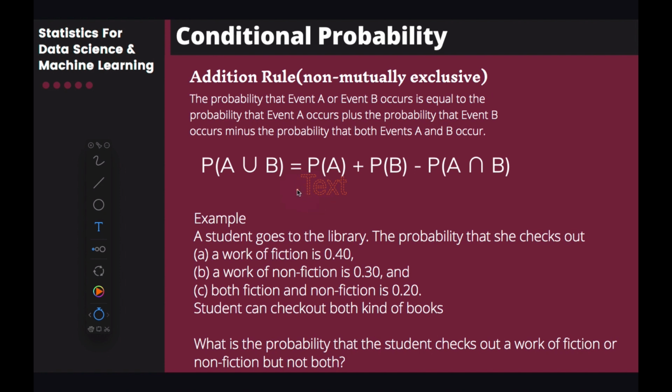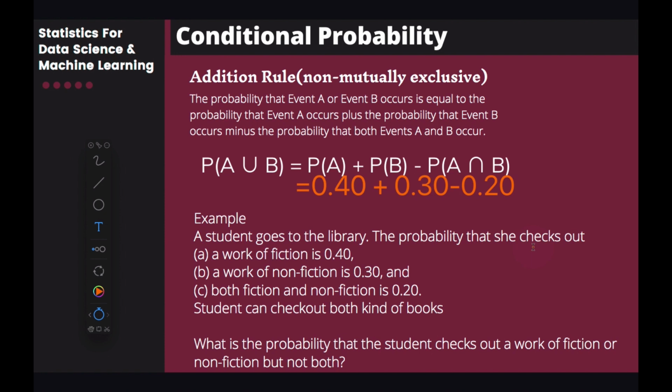Now the probability of fiction is going to be this 0.40, right? 0.40 plus the probability of getting a fiction book, or the probability of getting non-fiction, which is 0.30, right? Minus the probability of checking out both of the books, which is 0.20.